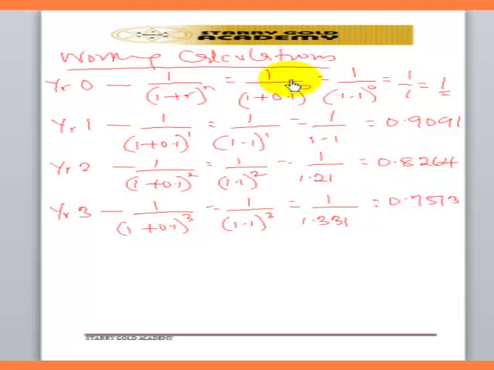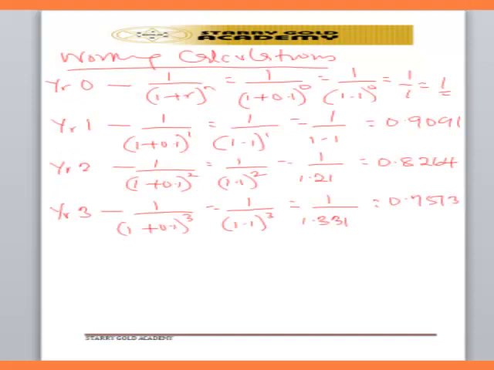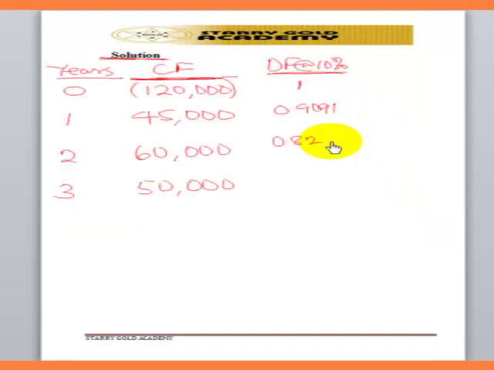So now, these are the discounting factors which we have to bring here. For year 0 is 1. For year 1 is 0.9091. For year 2 is 0.8264, and year 3 is 0.7513. So that is what we have.